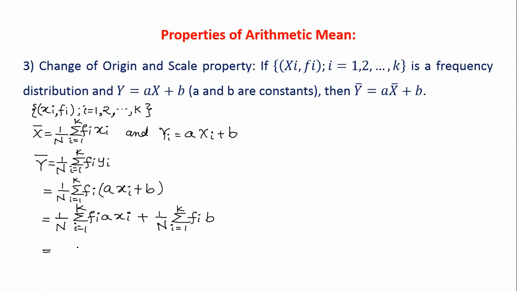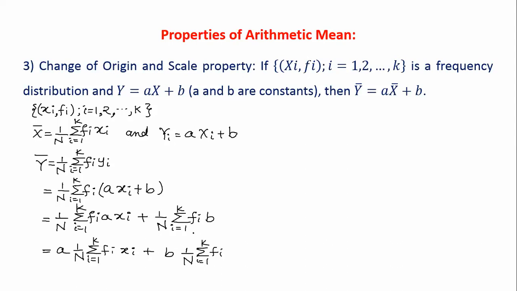So 1 upon N summation i from 1 to k fi. A is purely constant, can be written outside this summation, into xi inside, plus here 1 upon N summation fi, i from 1 to k.